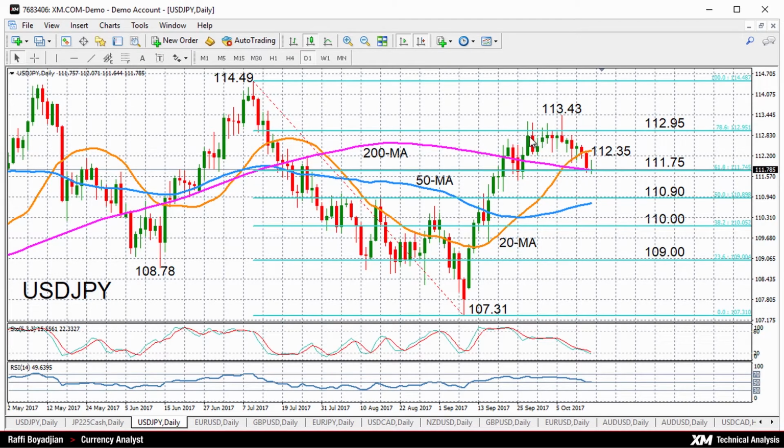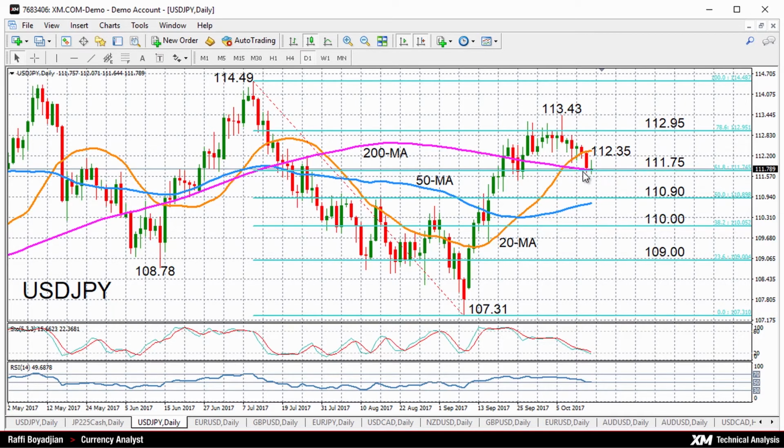But prices, we can see, despite several attempts, didn't manage to close above the 113 handle. They would need to close above that level in order to indicate a strengthening of that upside momentum. We can see the resistance coming at the 78.6% Fibonacci level of the down leg from 114.49 to 107.31.